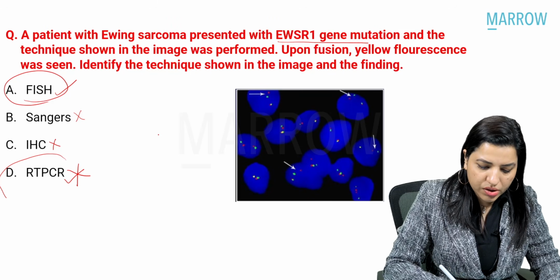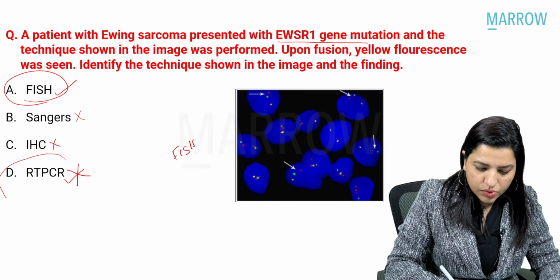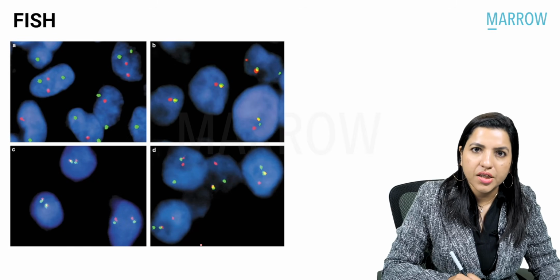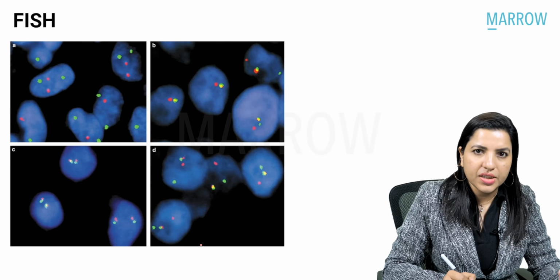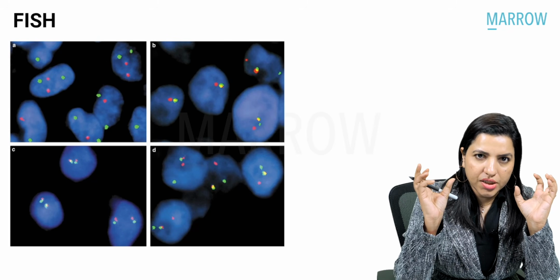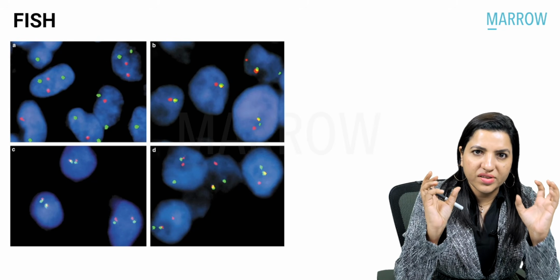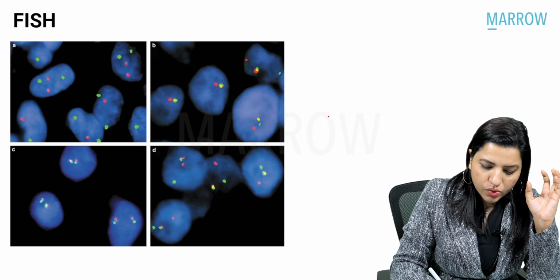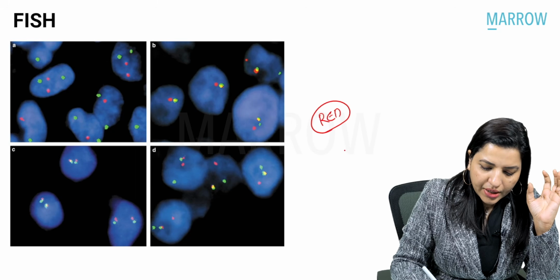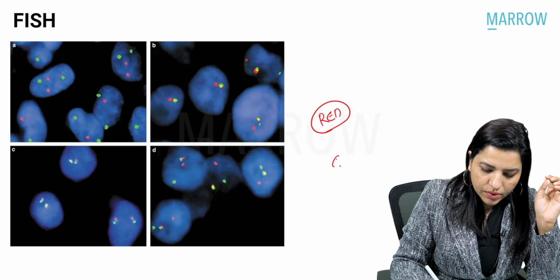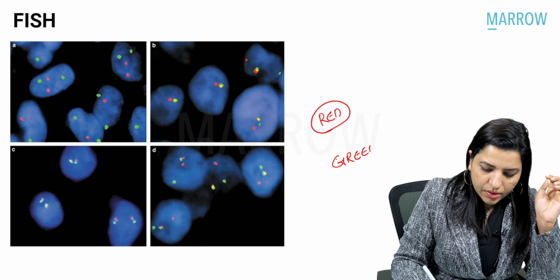Either we can use the FISH technique, that is what is shown here. The same is what is shown in this image. What we can see is it's a fusion. Because of the fusion, there are two fluorescences that are used here. In this, one exon has the color red and another exon has the color green.